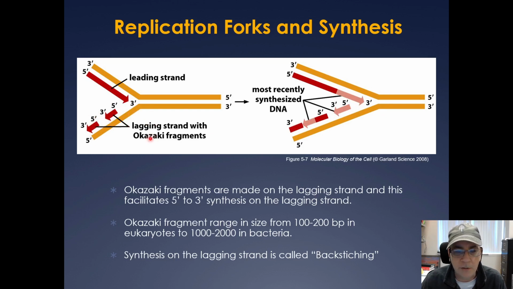Okay, and this whole process is called backstitching. And the Okazaki fragments, depending on the organism, can range in size. In eukaryotes, they're usually about 100 to 200 base pairs, and then in bacteria they can be 1,000 to 2,000.